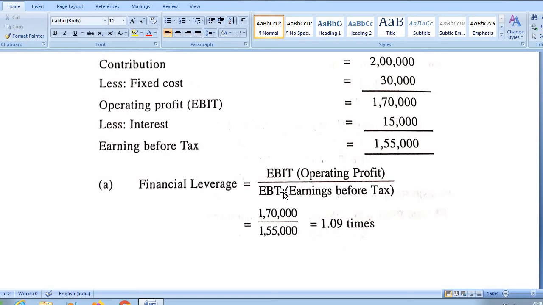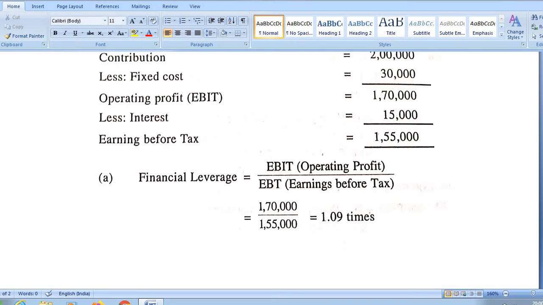See, I is the factor here. So EBIT, as calculated, is 1,70,000 divided by EBT, which is 1,55,000, which comes to 1.09 times. The financial leverage is always denoted in times.